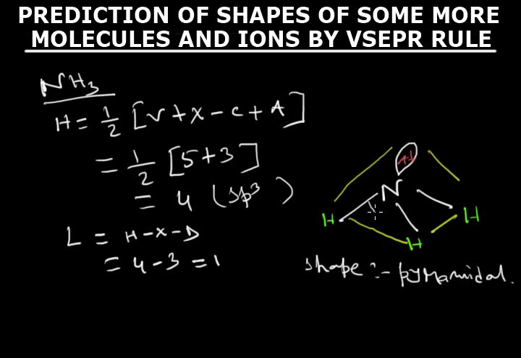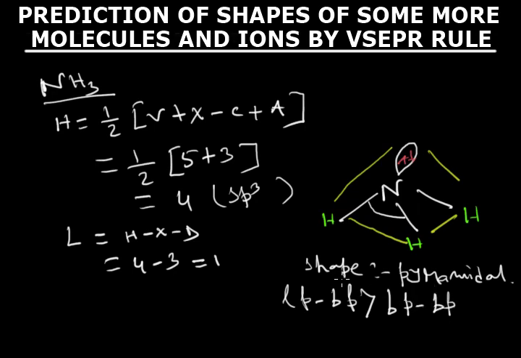and the expected bond angle is 109 degree 28 minutes because 4 orbitals are directed along the 4 corners of a tetrahedral, but the repulsion between lone pair and bond pair is greater than bond pair repulsion. The LP-BP repulsion is greater than BP-BP repulsion.